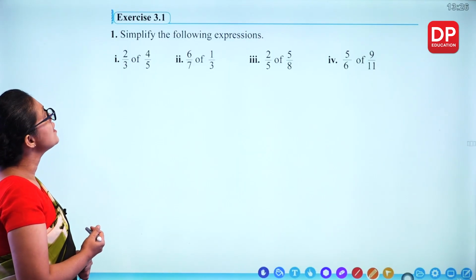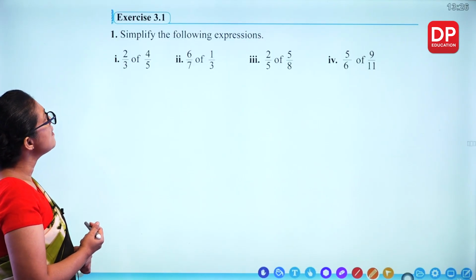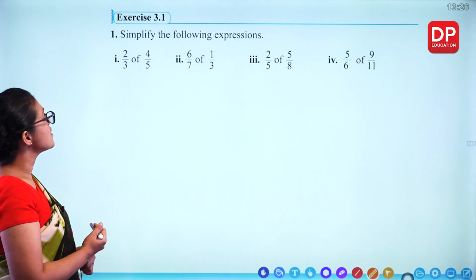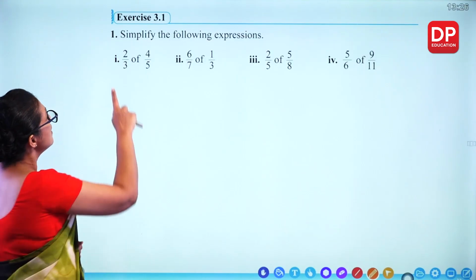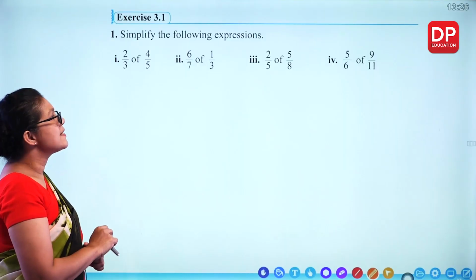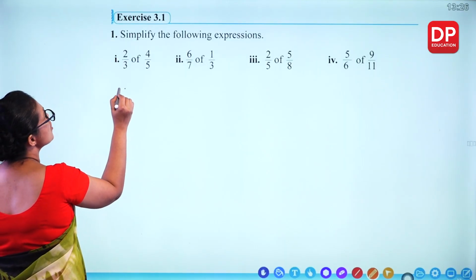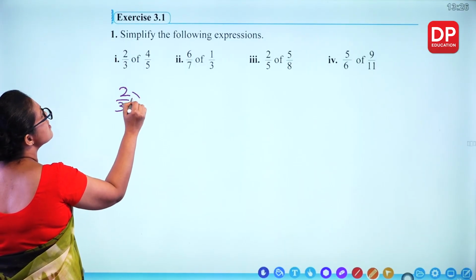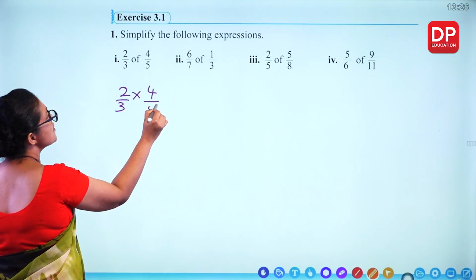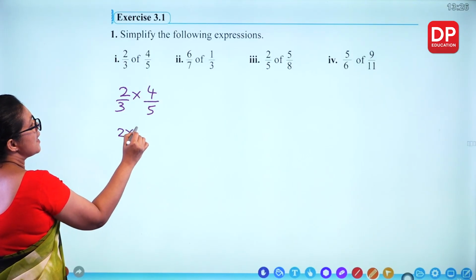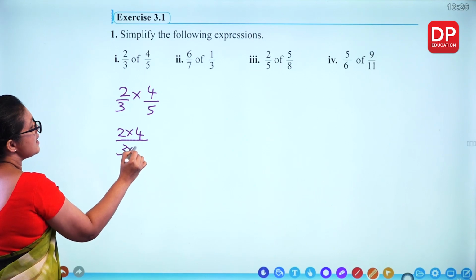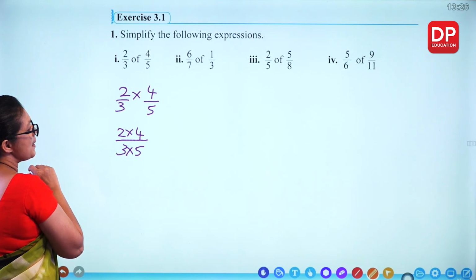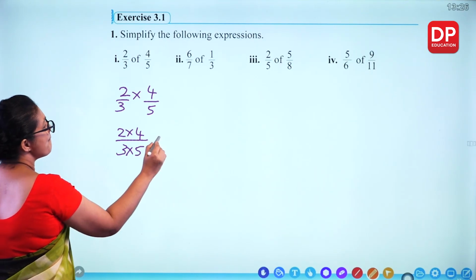Exercise 3.1. Simplify the following expressions. All in these of term is there, that means multiplication. 2/3 multiplied by 4/5. Multiply the numerator separately and the denominator separately. You can't simplify.